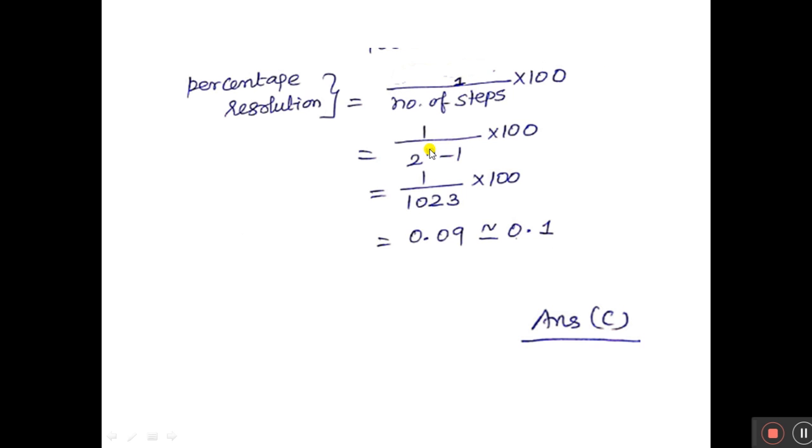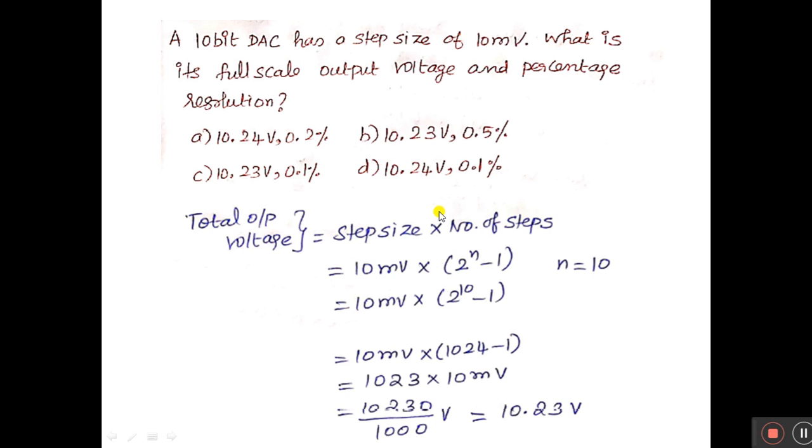So 2 power 10 is 1024, minus 1 is 1023, and 1 by 1023 into 100 becomes 0.09, approximately 0.1. So option C is correct: total output voltage 10.23 and percentage resolution 0.1. Option C is correct for this question.